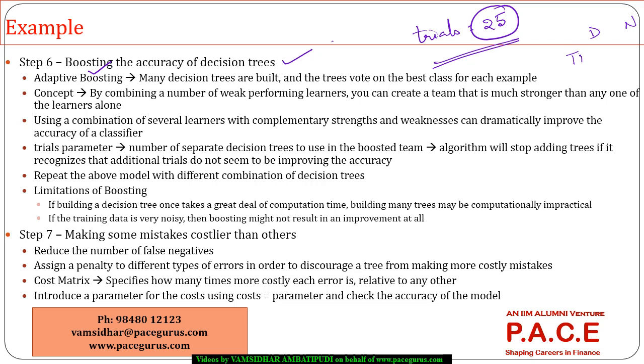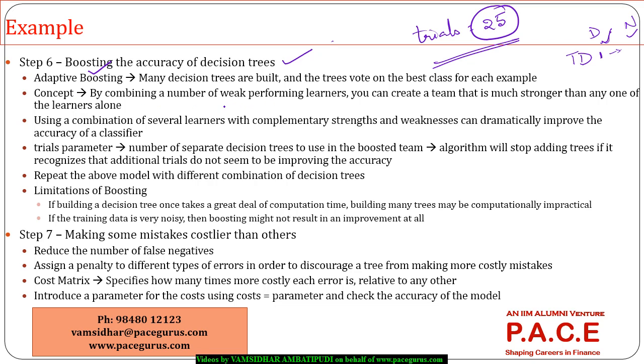For training data 1, how many trials have voted for default and how many for non-default? Based on the majority, the class would be identified for training data 1. The second row, third row, 700th row, all of them will be allotted in this typical way. That is called adaptive boosting.